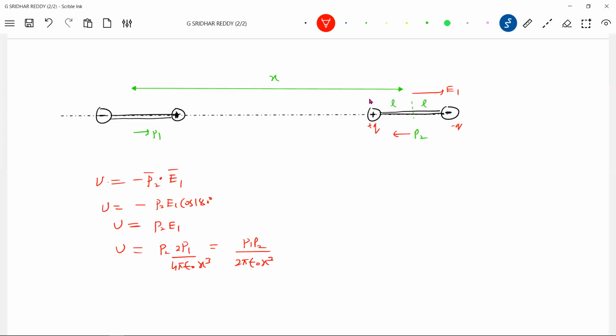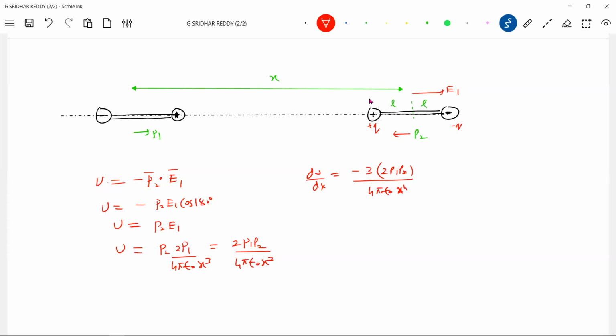I know the potential U. Let me differentiate this. dU by dx is equal to minus 3 times 2 P1 P2 by 4 pi epsilon naught x to the power of 4.